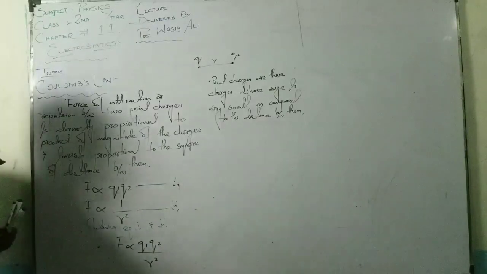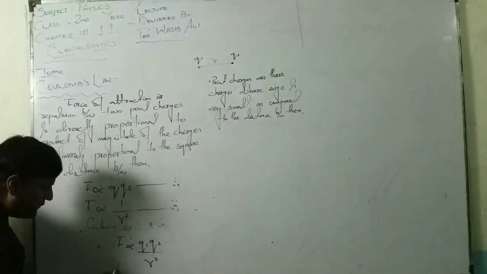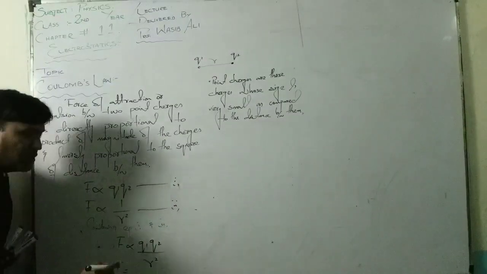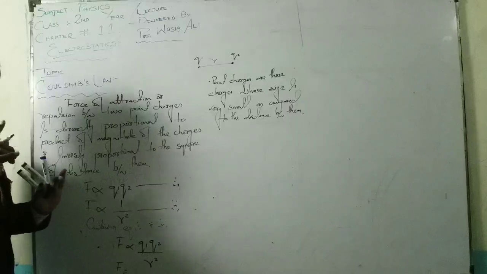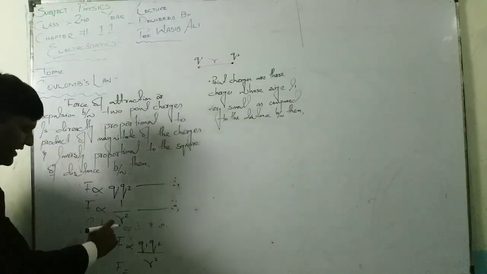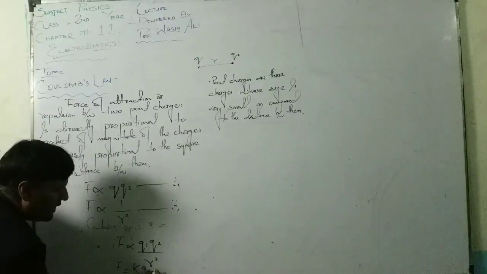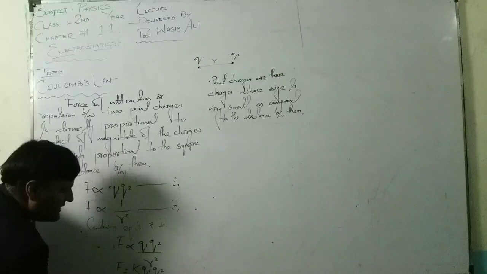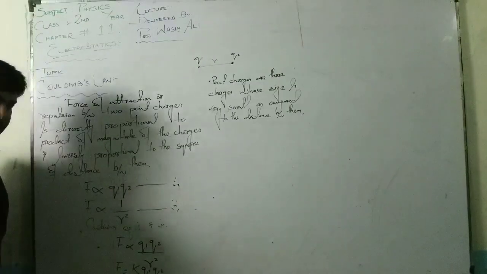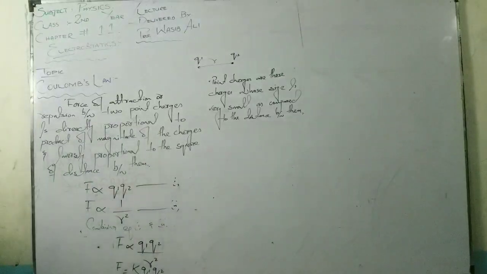And whenever in physics we replace the sign of proportionality with the sign of equality, we always introduce a constant of proportionality. In Coulomb's law, we introduce the constant K, so F equals K Q1 Q2 divided by r square. This is the simplified form of Coulomb's law.